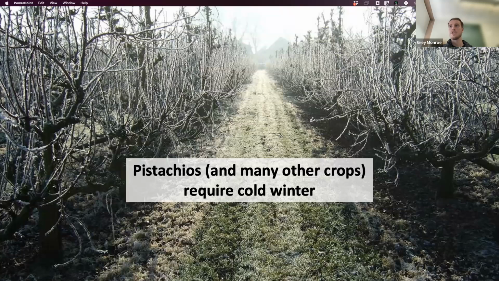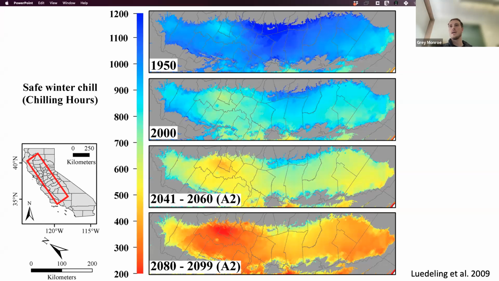And we should be concerned about this because remember, people are planting pistachio trees now that they hope to be productive for the next 30 years. But if we look at climate models, it's clear that the amount of winter chill hours is changing. This is a map of California. This is the Central Valley. It's been rotated here.